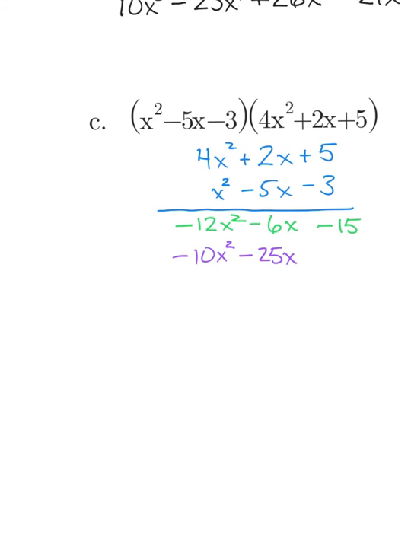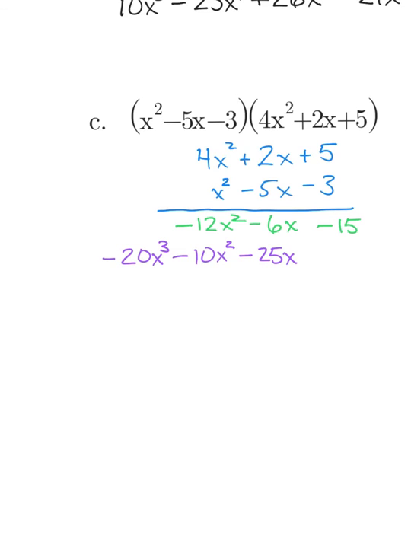And if we multiply negative 5x times 4x squared, we get negative 20x cubed. So that takes care of multiplying by our negative 5x.